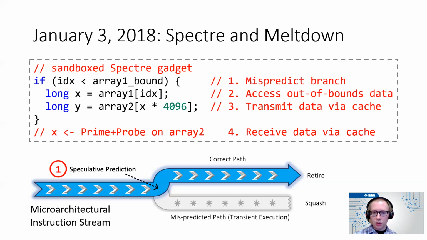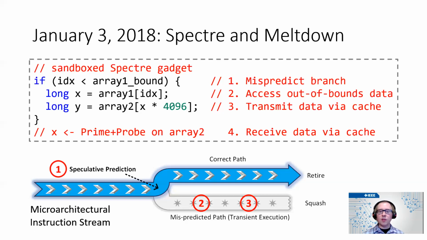So in step 2, the load from array 1 may transiently read out-of-bounds data. And then the subsequent memory access in step 3, again transiently, may use the data that was accessed out of bounds to access memory, thus encoding some bits of that data into the CPU cache state.